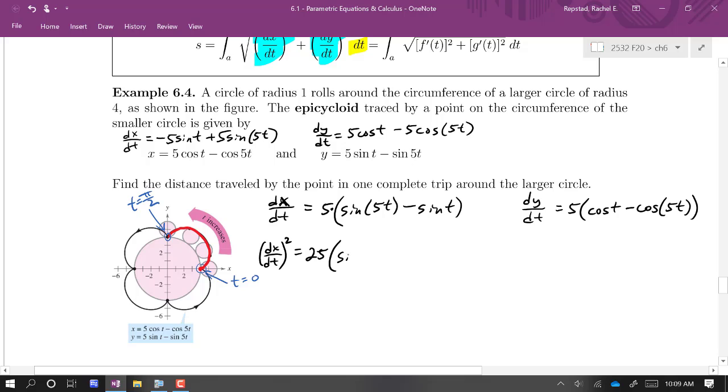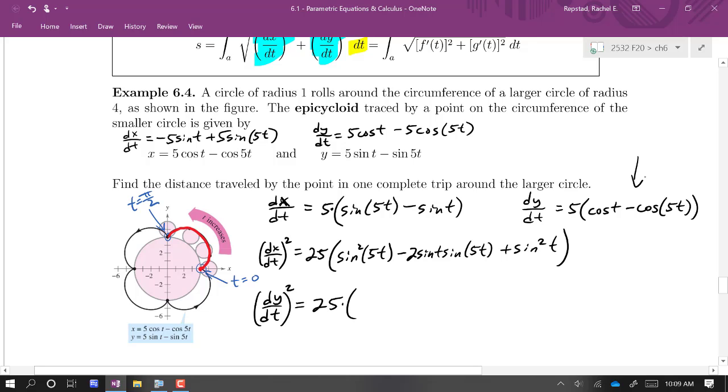That'll be sine squared 5t minus 2 sine t sine 5t plus sine squared t. And dy/dt squared is 25 times, and now I'm going to FOIL this out, so that's cosine squared t minus 2 cosine t cosine 5t plus cosine squared 5t.